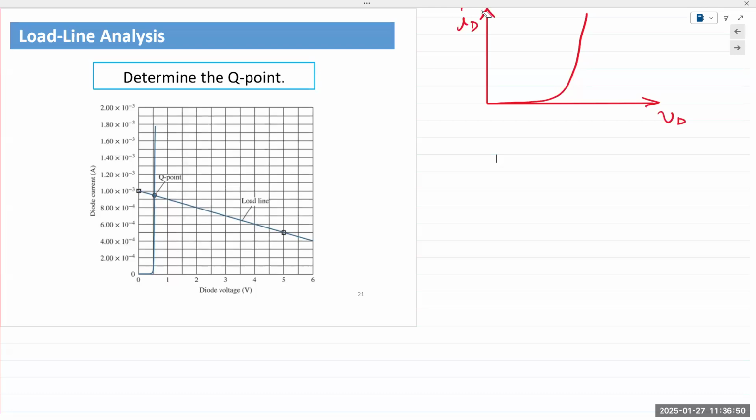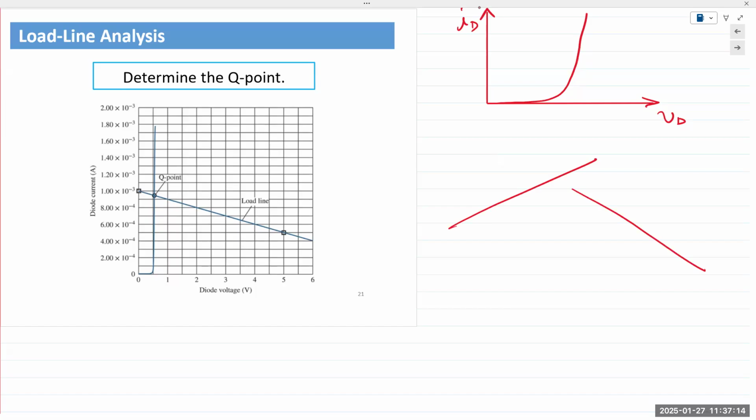Voltage increases, current increases. Voltage decreases, current decreases. So a linear line is what will describe the external circuit, in this case, the resistor and the voltage source. Does that make sense?